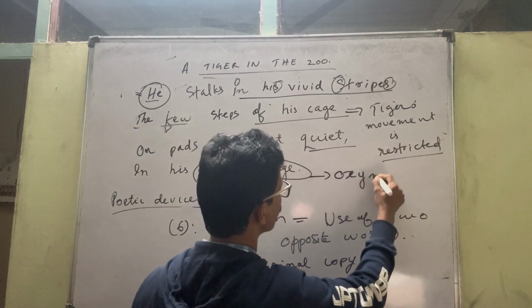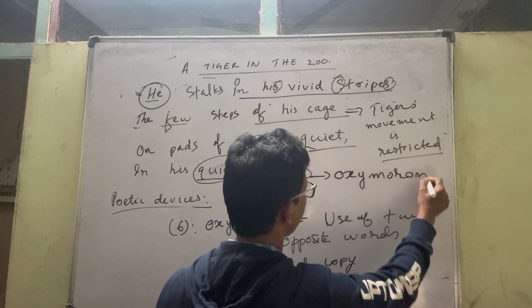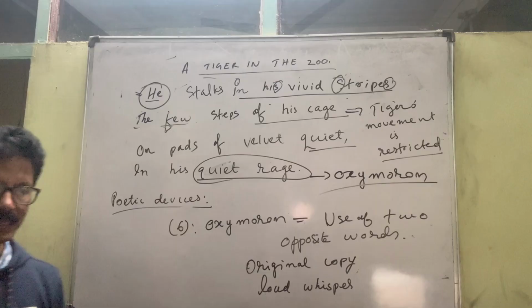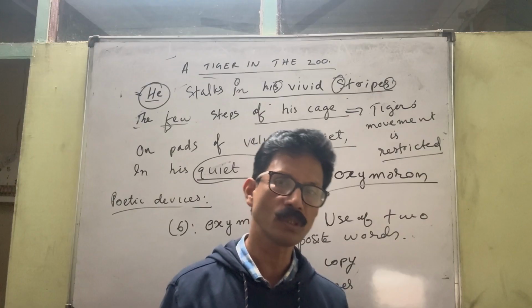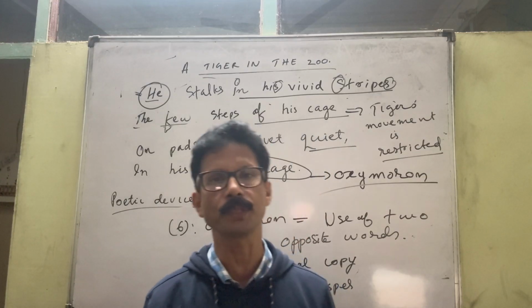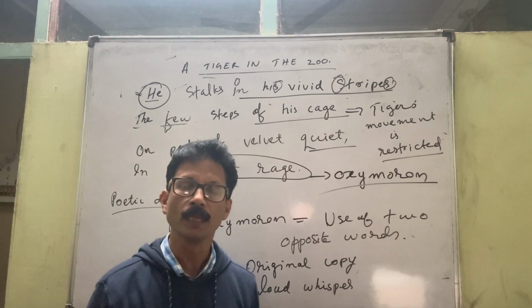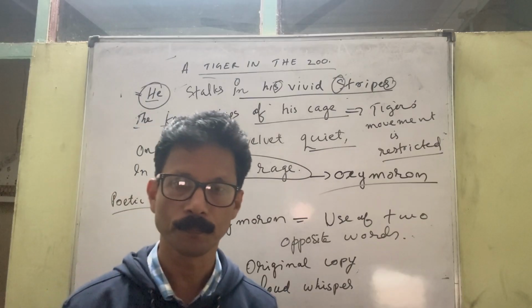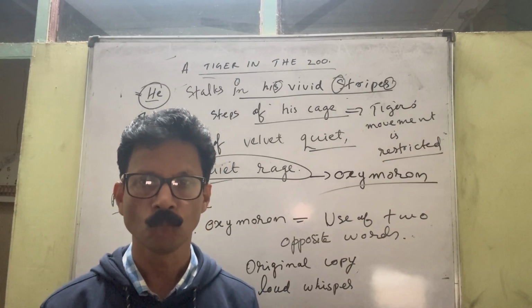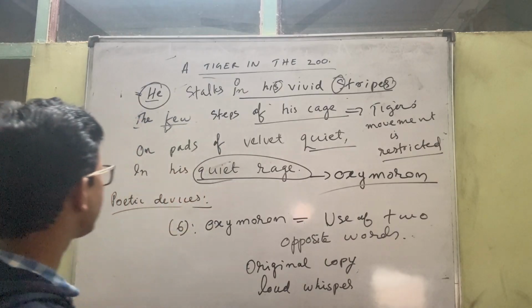That is oxymoron. Understand my point? These are the main poetic devices used in the first stanza of the poem, A Tiger in the Zoo.